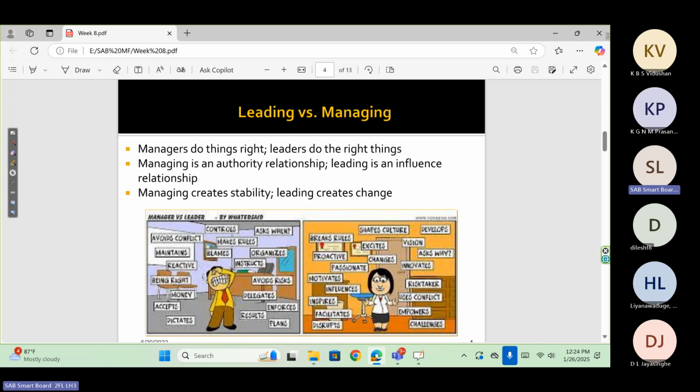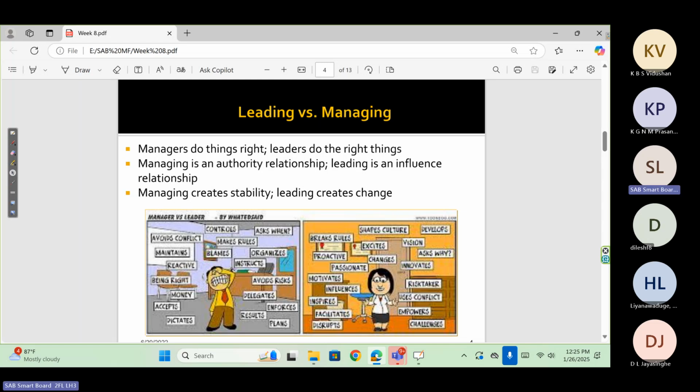Before problems happen, successful leaders try to prevent them, minimize them. Then the manager's task is to delegate the forward authority, but leaders try to empower people genuinely. Then managers are result oriented. Leaders facilitate people to develop their behaviors as well, right?